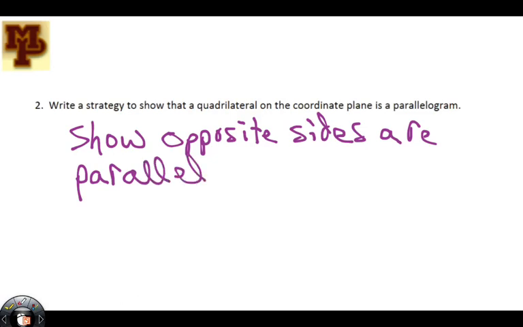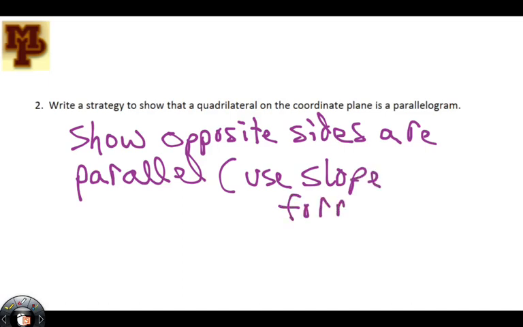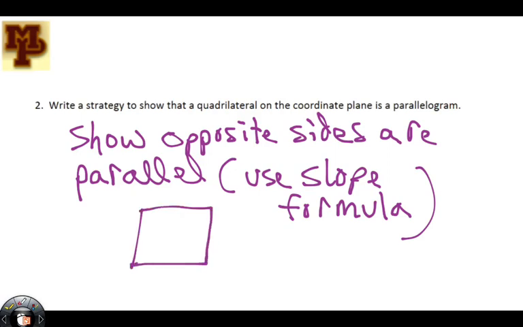And then we would of course use the slope formula. And that would show that it's a parallelogram. So we would show these sides that are opposite have the same slope, and these other ones would have the same slope, so bam, parallelogram.